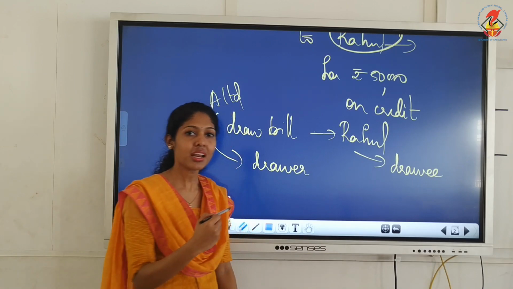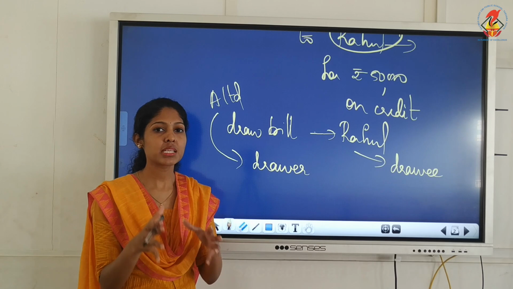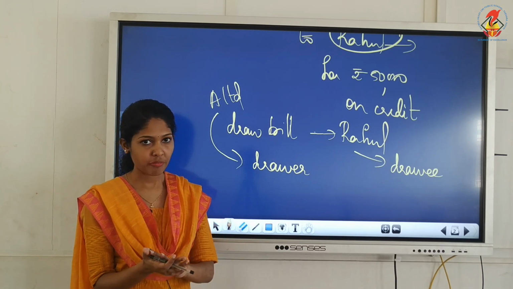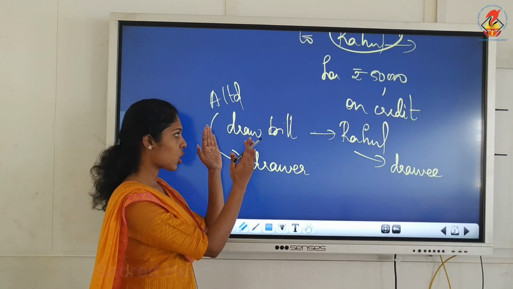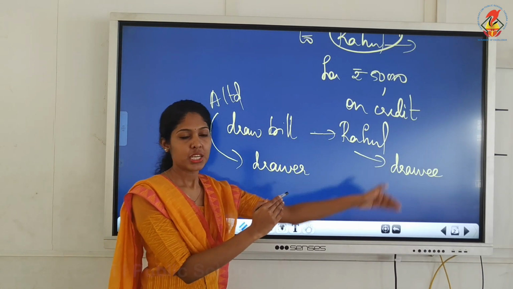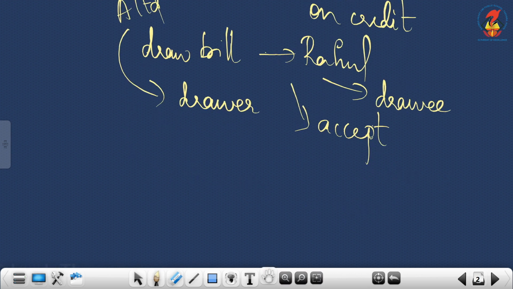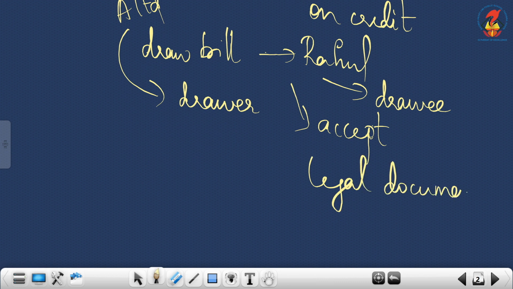On whom we are drawing the bill or who is supposed to make the payment, that person is termed as drawee of the bill. So the bill which is drawn by the drawer should be accepted by the drawee. Rahul should accept this. Then only this will become a legal document.